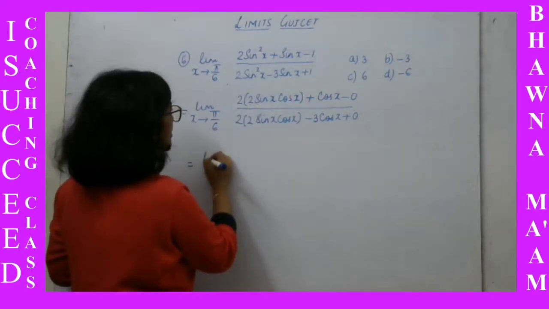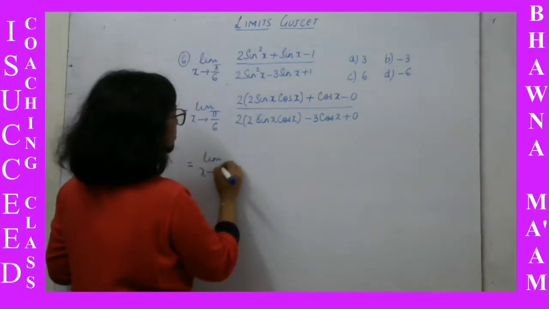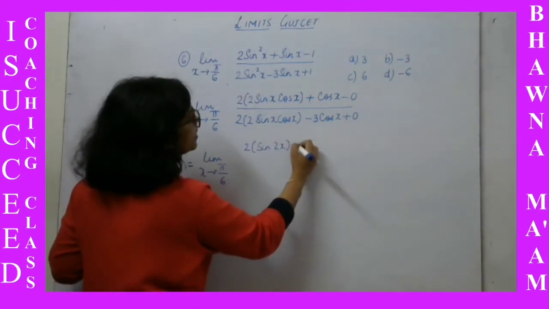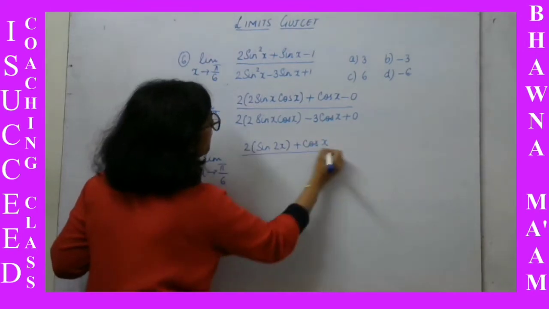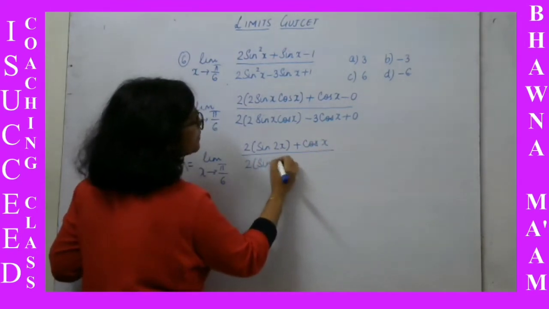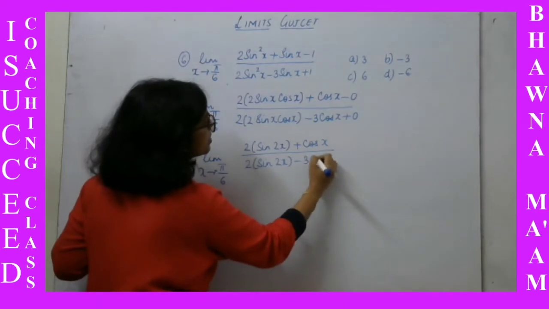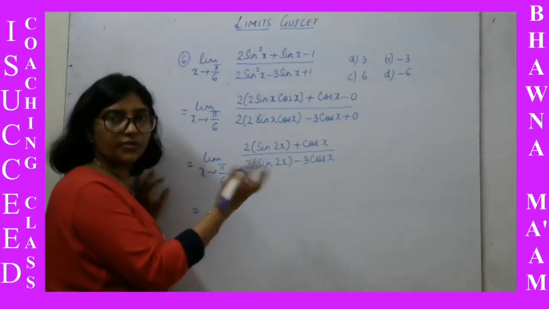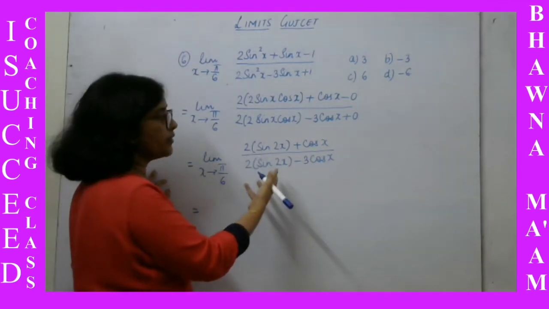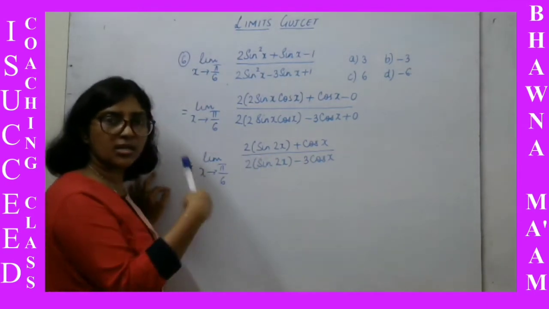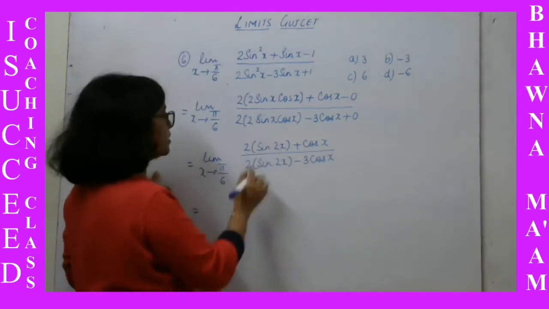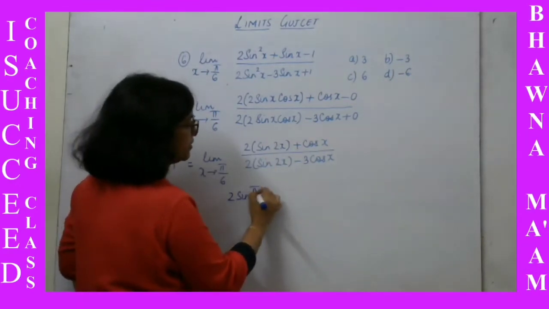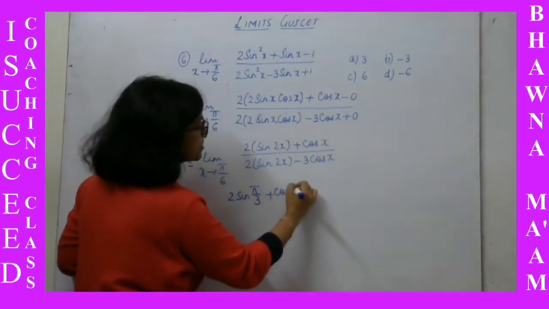So this is actually, simplify it a little bit more, 2 sin 2x plus cos x over 2 sin 2x minus 3 cos x. And let's put the value now and see if it is becoming 0 or not. If it doesn't become 0, then we can get the value, and if it becomes 0, then we can use L'Hospital's rule again. So I'm putting the value, 2 sin 2 into pi by 6 is pi by 3, plus cos pi by 6.